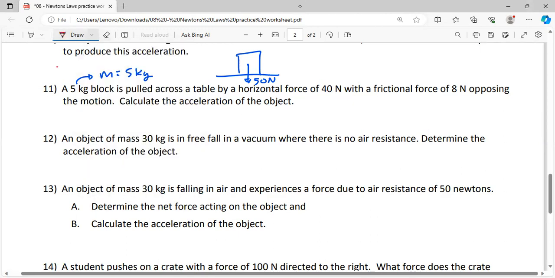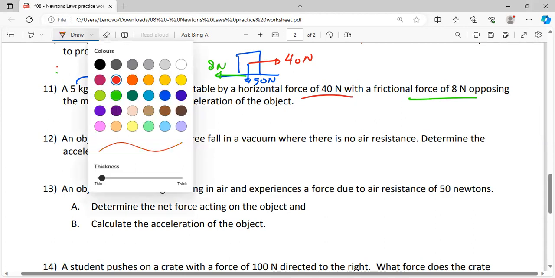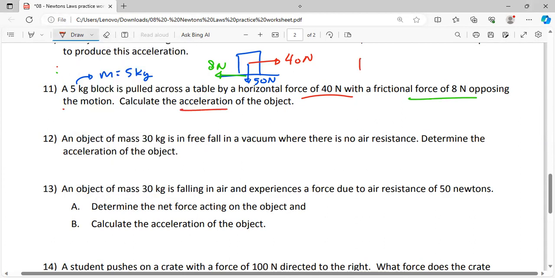And the horizontal force, we assume it goes to the right here. And the frictional force is always opposing the direction, so it's going to the left. It's 8 Newton. If you want to find the acceleration, you can use Newton's second law, F equals ma, but F here is the net force.